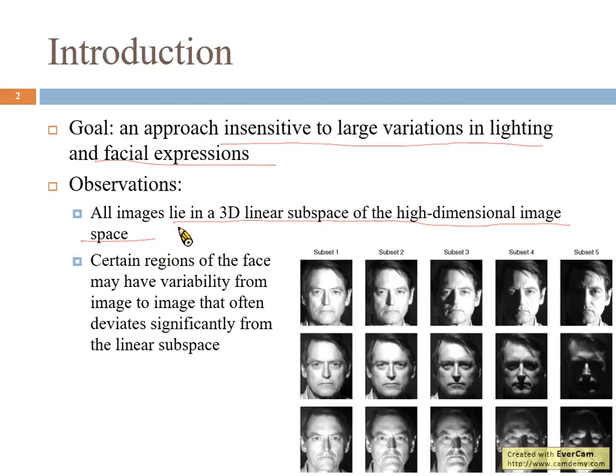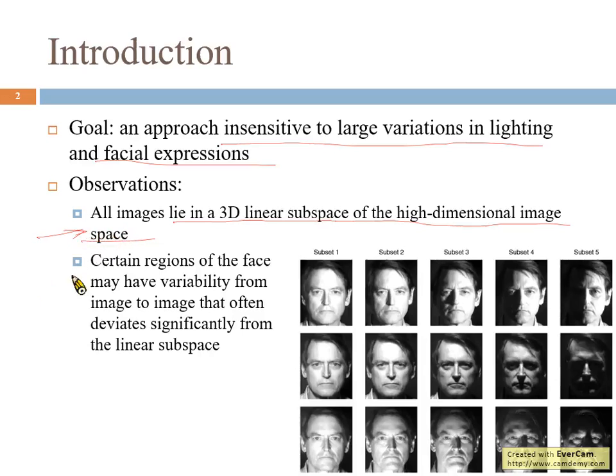And this was the assumption of the Eigenface, because we remember that the Eigenface is actually the eigenvector of the covariance matrix, and we use a linear combination of eigenfaces to describe a face image. But here they say that the real space may not be described by linear combination.